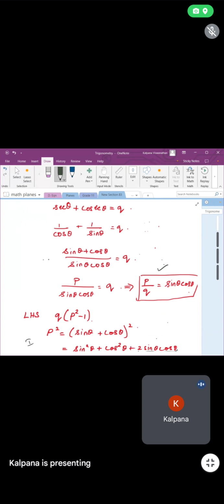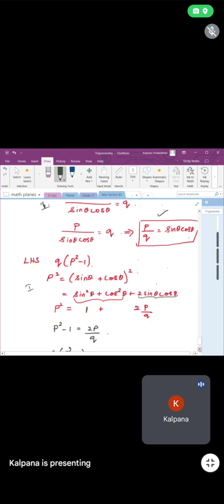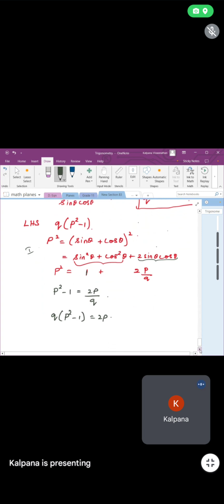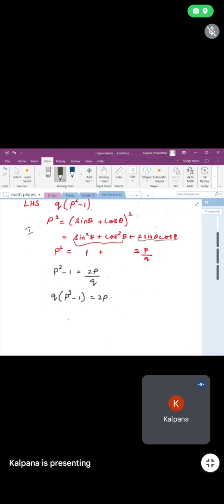Or if you know this is going to happen, then this can be the first part and that the second part. However, if you start with this part also, you have to do this. So just substituting the values, we get the answer. Okay, children. Now coming to heights and distance.